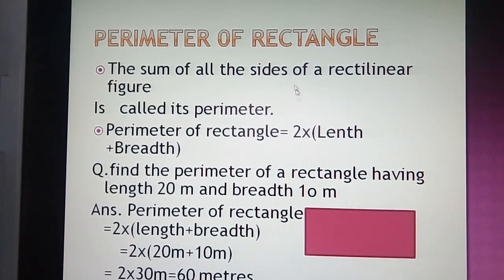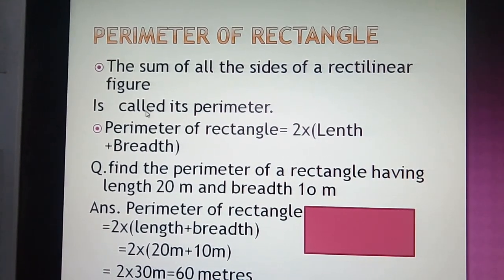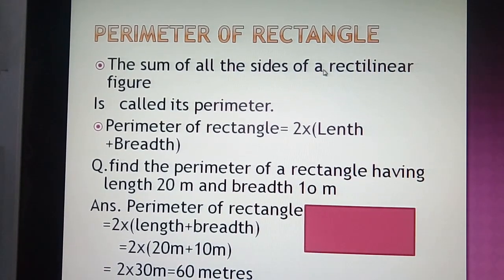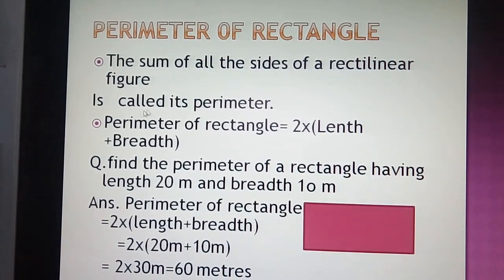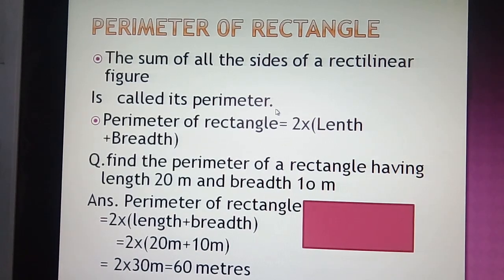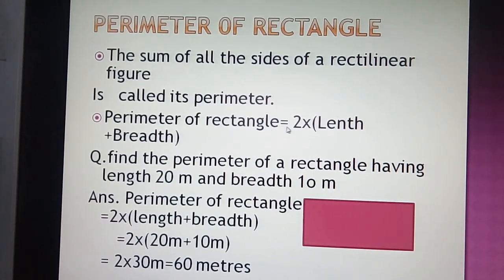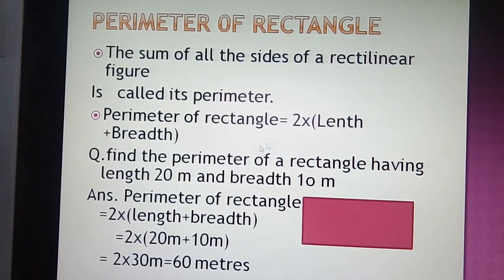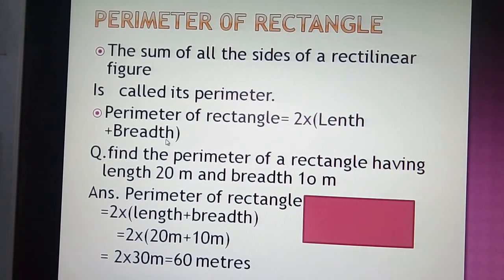Perimeter of rectangle. Now come to perimeter. The sum of all the sides of a rectilinear figure is called its perimeter, right? Perimeter of rectangle is equal to 2 multiply length plus breadth.